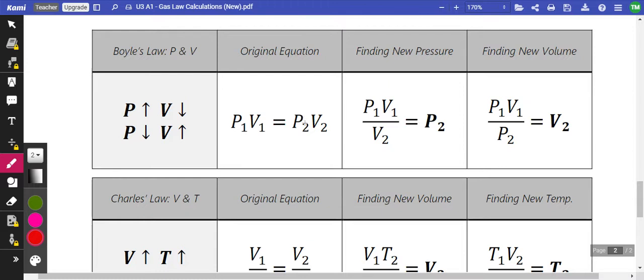Pressure and volume are related such that pressure multiplied by volume in one instance should be equal to the pressure and volume multiplied at a different time when some changes have happened. Since pressure and volume go opposite ways, if I have some pressure and some volume, and I increase my pressure, my volume has to decrease in order for us to level back out at the same thing on the other side of this equal sign.